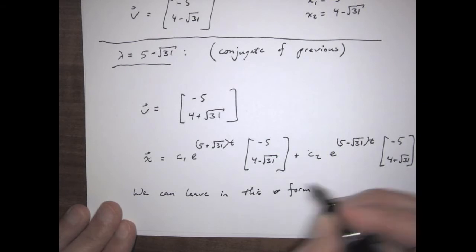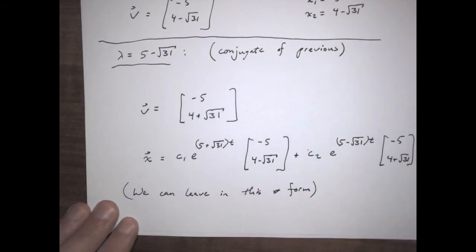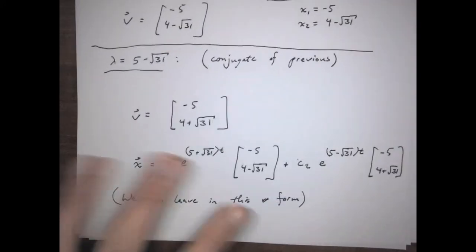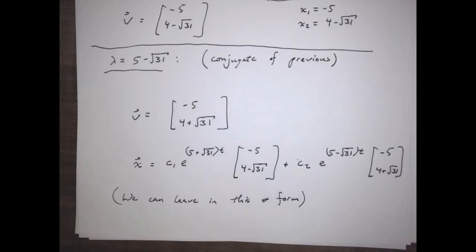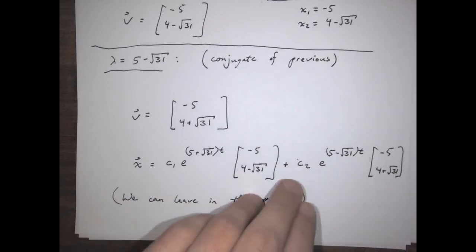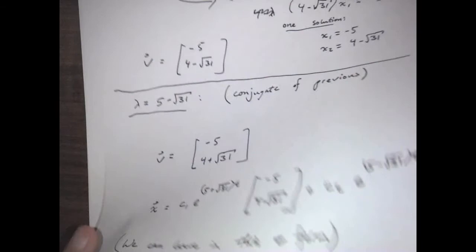We can leave it in this form. No reason to multiply it out like we did on the previous one unless we have some specific thing that we're hoping to accomplish by doing so. And because of how messy the expressions are here, I don't see any good reason to do that.